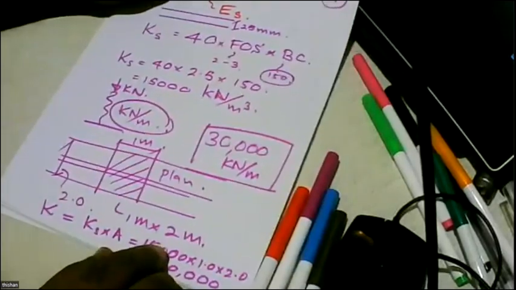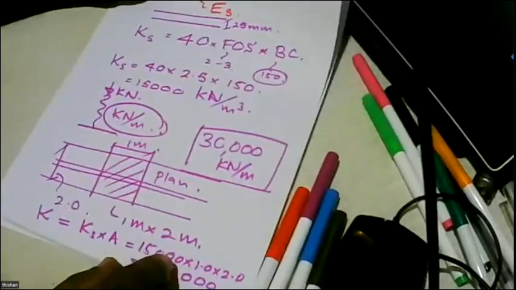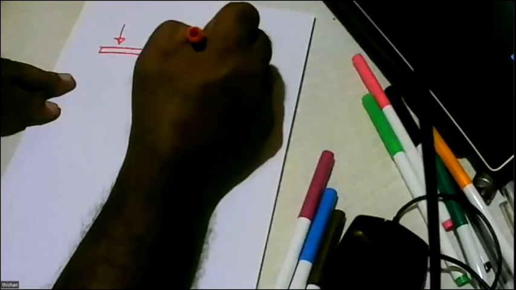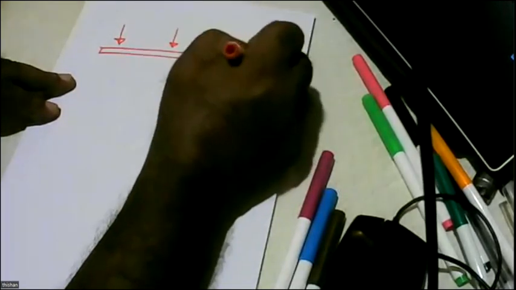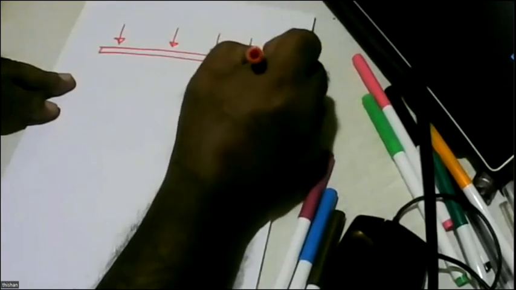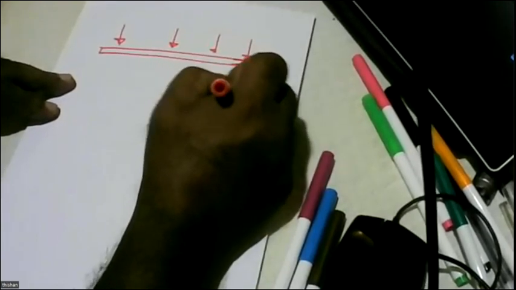I would say a very useful method, but may not be extremely accurate, but it gives us a good opportunity to see how the load applied at various locations can be distributed depending on the stiffness of the foundation.